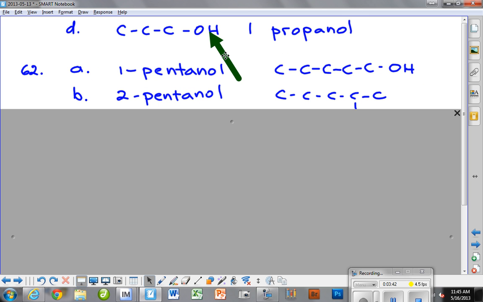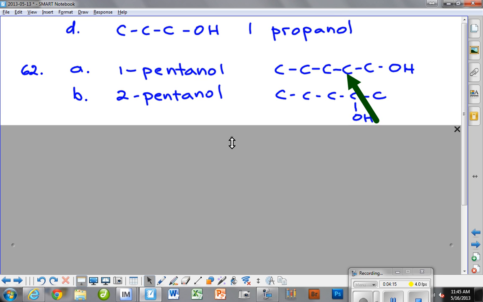Okay, this is a propanol, with the hydroxyl group on carbon number 1, and whenever that happens, the carbon hooked to the hydroxyl group will only be hooked to one other carbon, which makes this a primary alcohol. 1-pentanol: this carbon is where the hydroxyl is, and there's only one carbon hooked to it, so it's a primary.